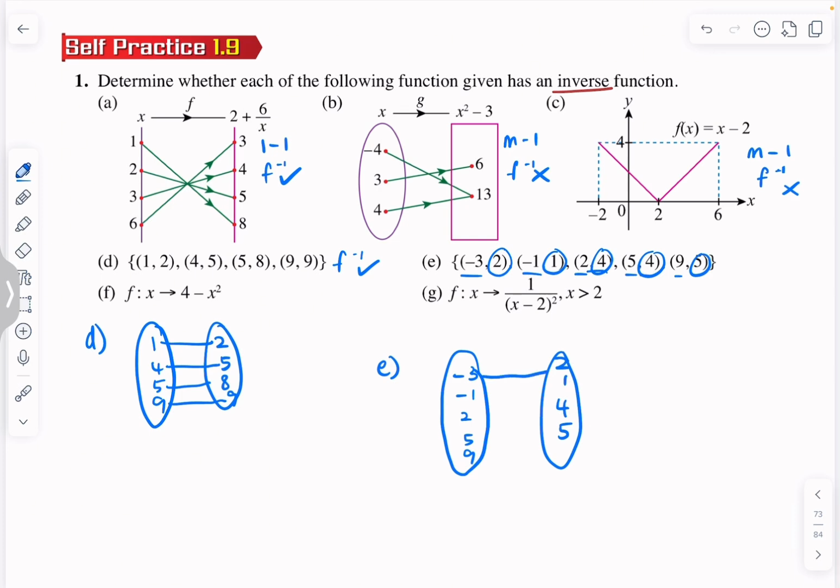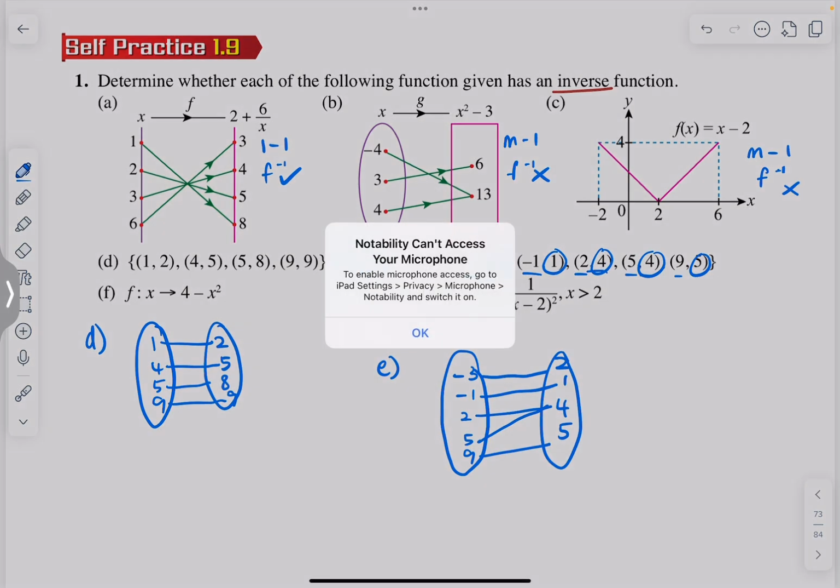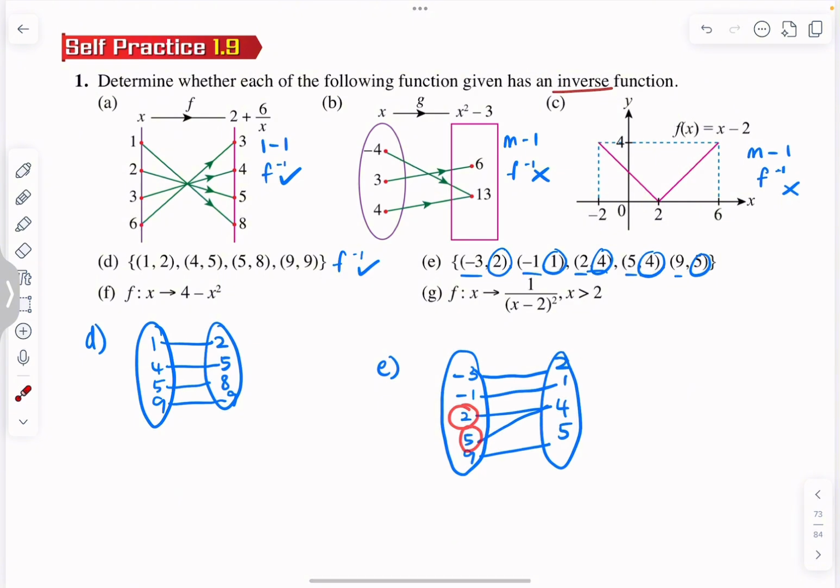So -3 leads to 2, -1 leads to 1, 2 leads to 4, 5 also leads to 4, 9 leads to 5. So this is many to one. Many leading to one image. Remember, for an inverse function, the front must be 1, then only it exists. So for this one, the inverse function will not exist.